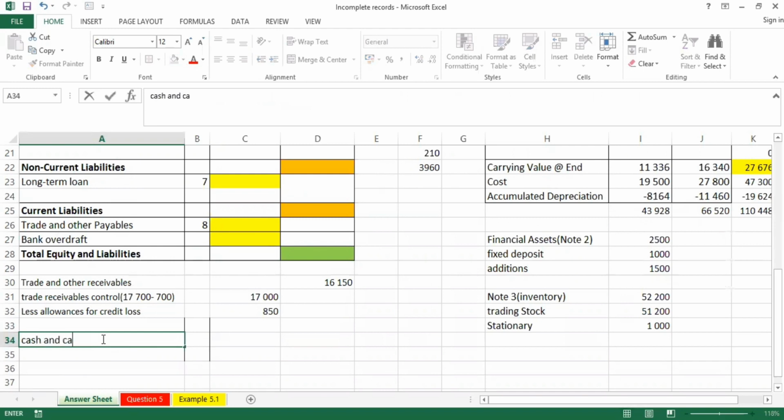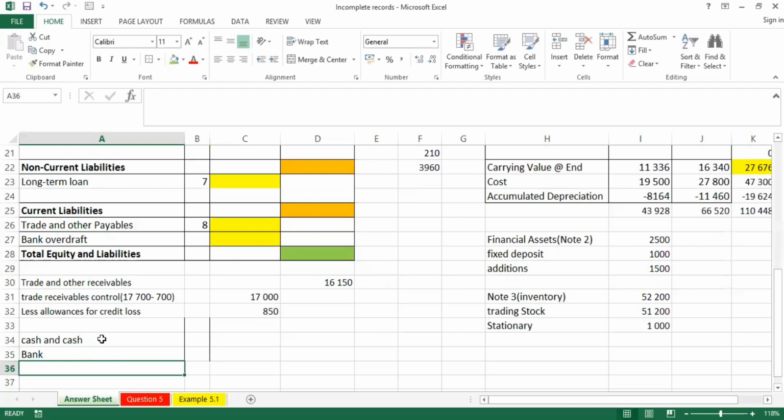We know cash and cash equivalents consists of bank, and then petty cash, and then also our cash flow again. Yeah, so that's it.